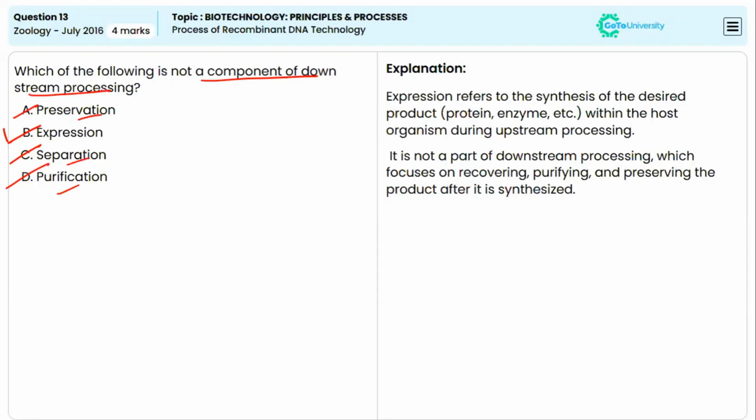Whereas expression is where a gene is converted into a protein. That is what expression refers to. It is the synthesis of the desired product, which could be a protein, within the host organism during upstream processing.